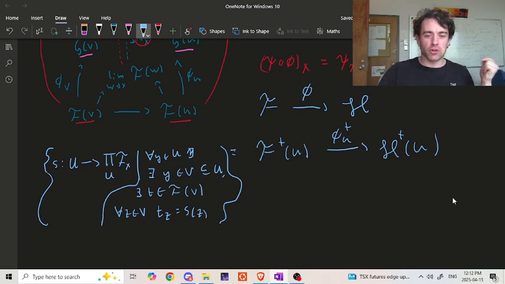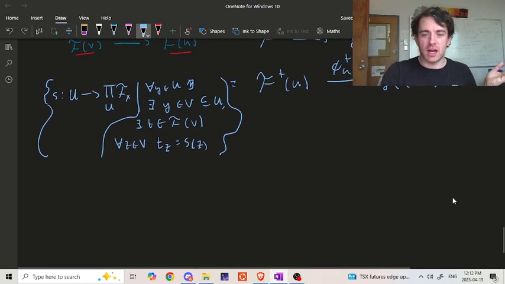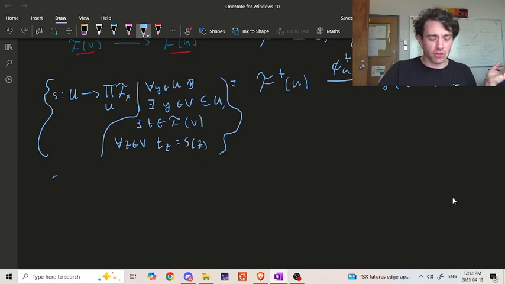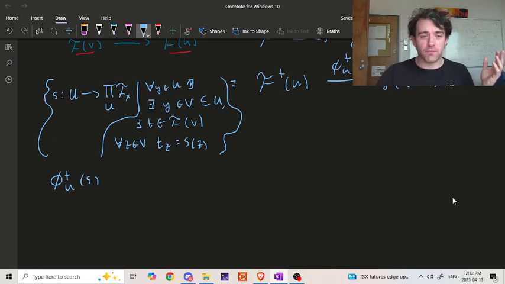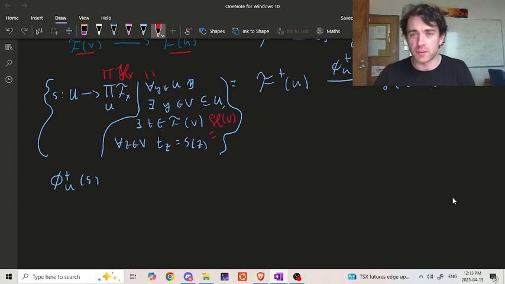So that's what we're starting with. And we need to define some function, so I need to define phi plus U applied to s. That's going to be some function, but now instead it will go into the product of stalks of H, that satisfies an analogous condition to all of this, but instead here we would have H of V.